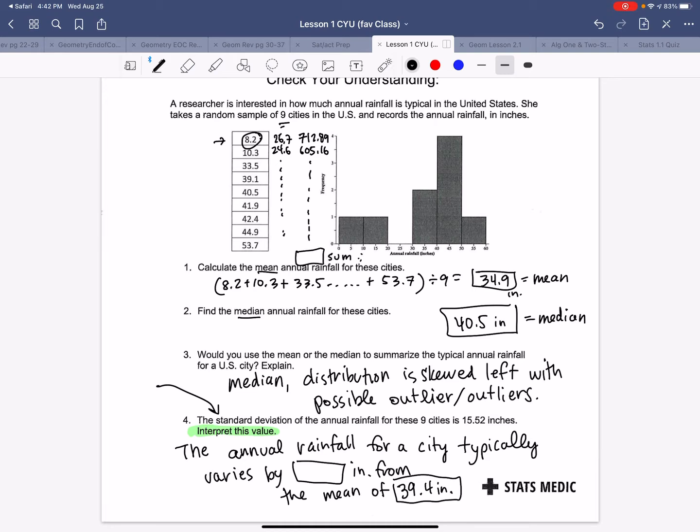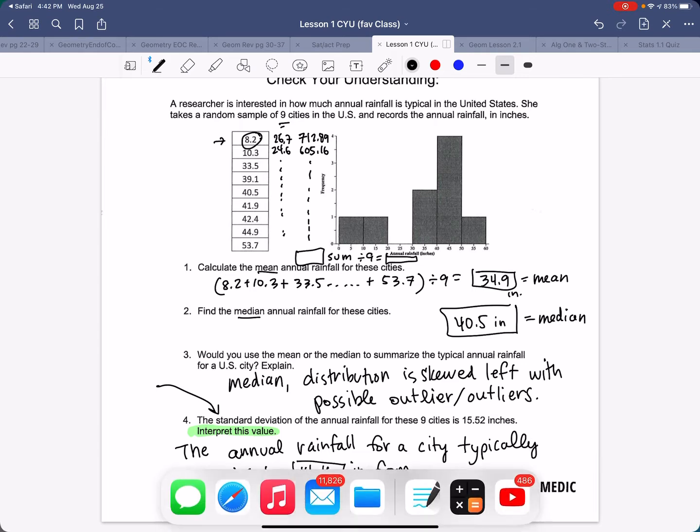Then we're going to divide by 9, and we're going to get a number that should be somewhere between about 14 and 16. Now, we're going to use the software to check this number. But again, I'd like you to do it by hand because it helps you understand what it means.